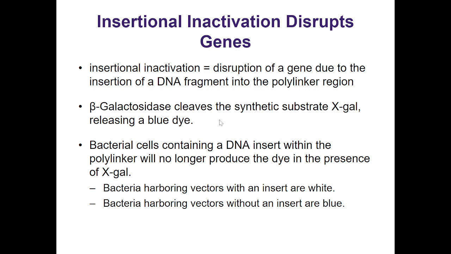The beta-galactosidase cleaves the synthetic substrate X-gal. This actually releases a blue dye. Your bacterial cells containing a DNA insert within the polylinker will no longer produce the dye in the presence of X-gal. So the bacteria harboring the vectors with an insert are going to be white. The ones that are without the insert will be blue.